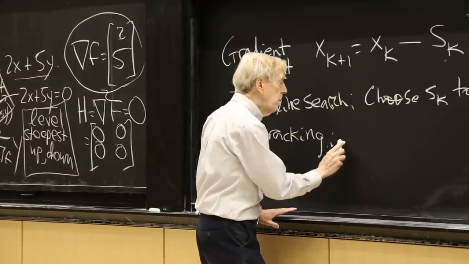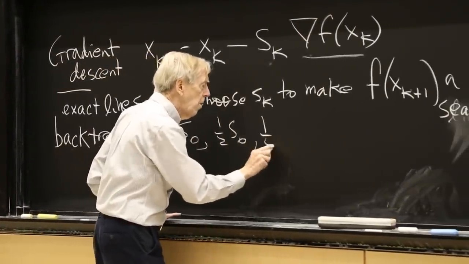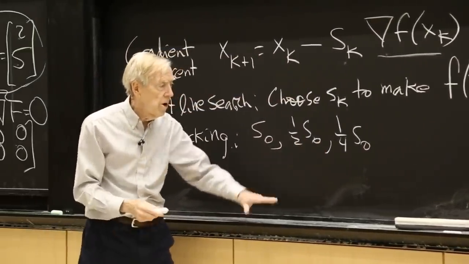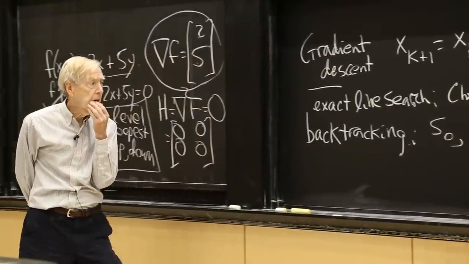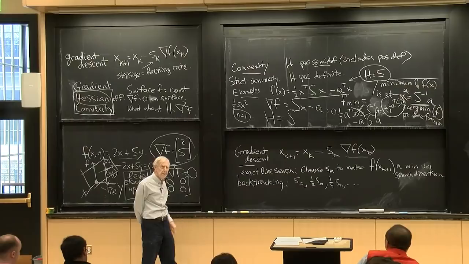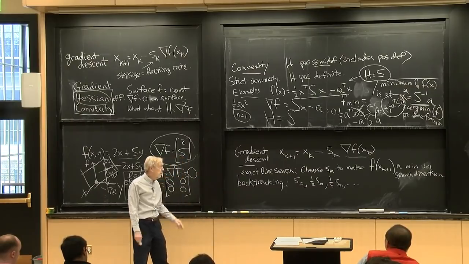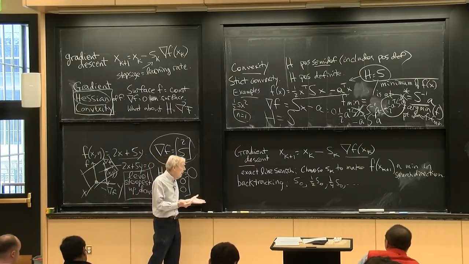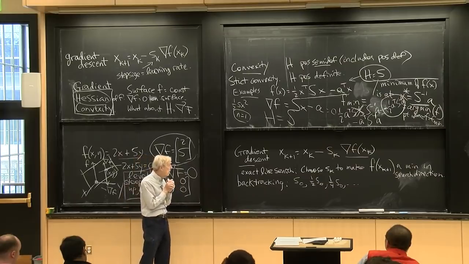So S naught, half of S naught, quarter of S naught, or obviously a different parameter, A S naught, A squared S naught, and so on until you're satisfied with that step. Okay, and there are, of course, many refinements. We're talking about a big algorithm here that everybody finds has, depending on their function, different experiences with.